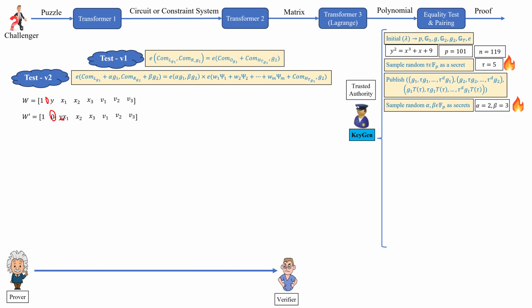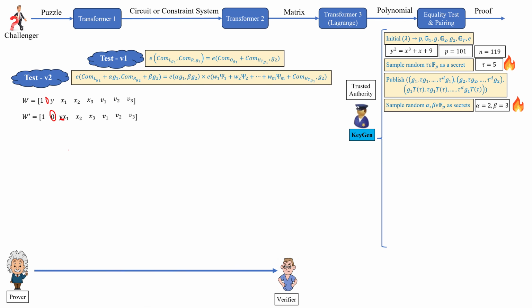We need a space here between y and x1. So if the prover adds an extra zero here between 1 and y, the prover again could convince the verifier that I know the correct answer, I know the witness vector.